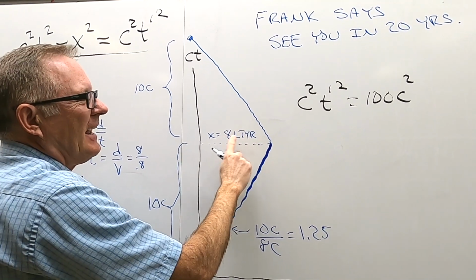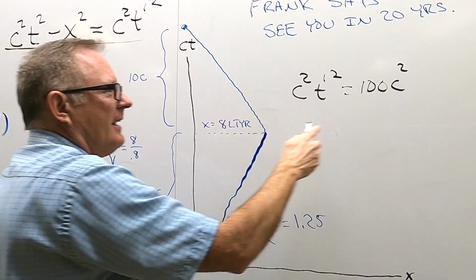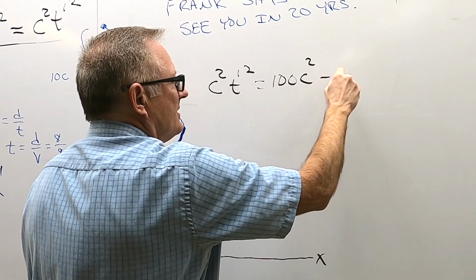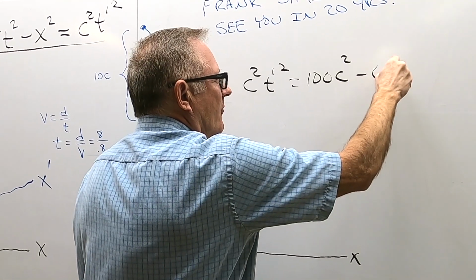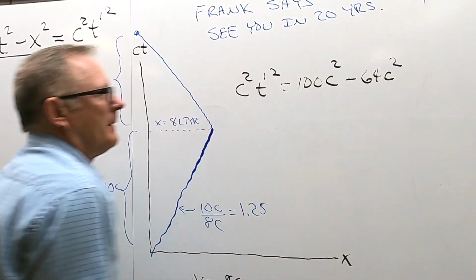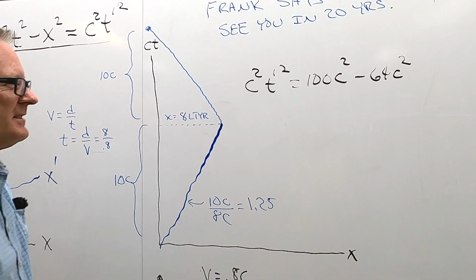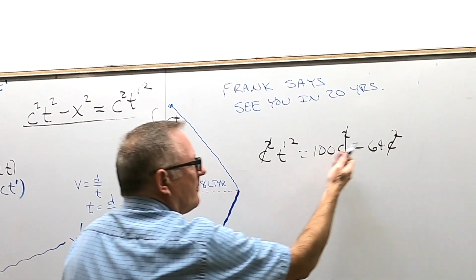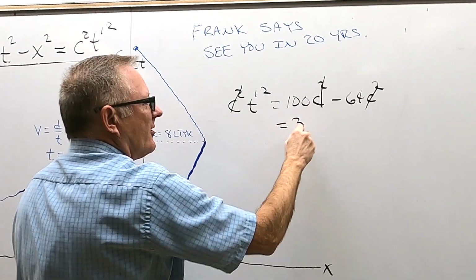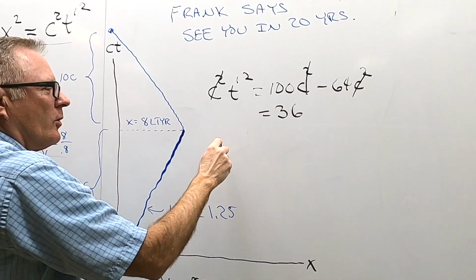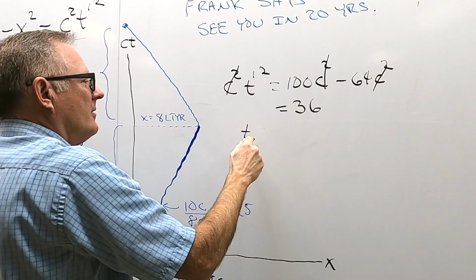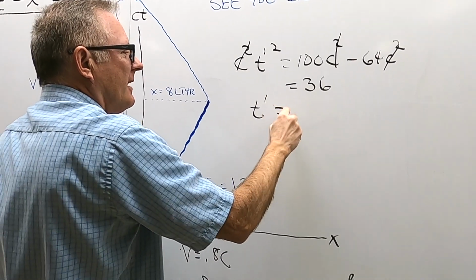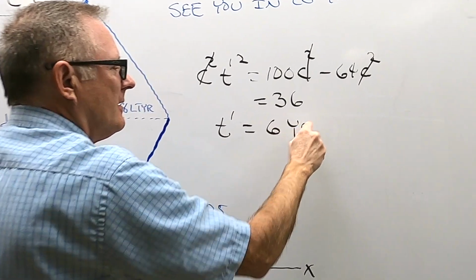Remember, this is really 8c because it's light years. 8c, which is squared, which is 64c squared. So we can cancel all the c's out. 100 minus 64 is 36. Take the square root. So Mary would say, no, it's only going to take me, what, 6 years.